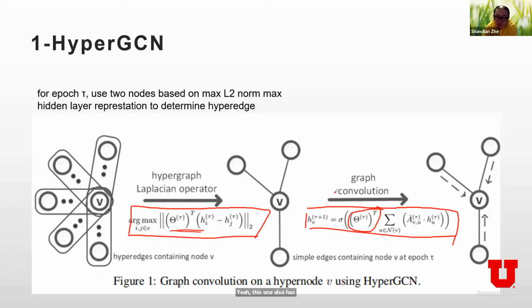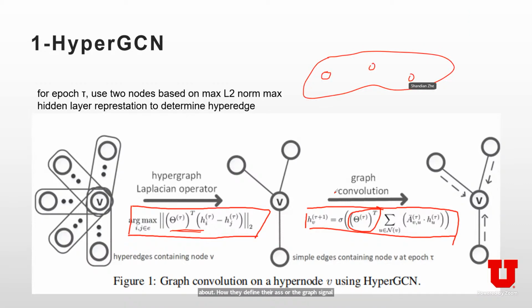Every time, suppose you have a hyperedge which connects the 3 nodes. I was confused about how they define their S, the graph signal. Suppose in layer 1, it is 1, 2, 1, 3, 2.